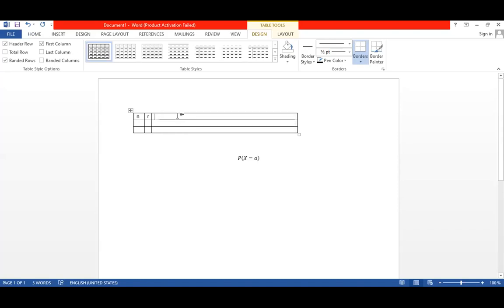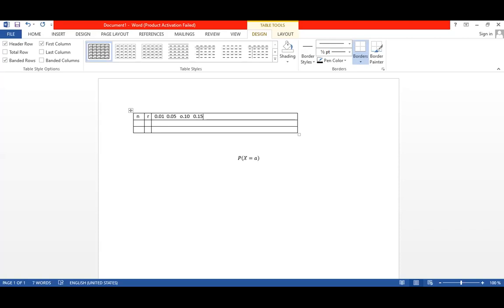Is it x? Okay, what values do you see from there? 0.01. Okay, you have 0.01. Then 0.05. Then 0.10. Then 0.15.